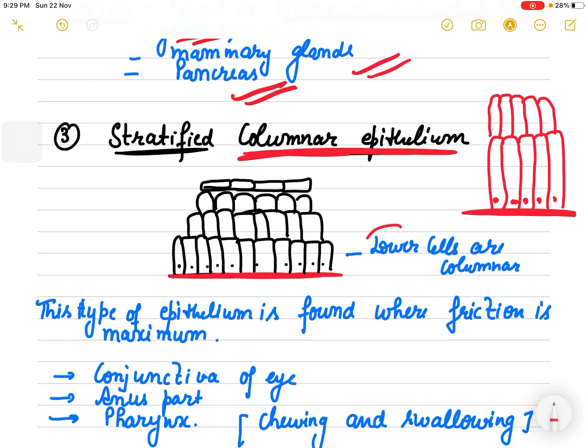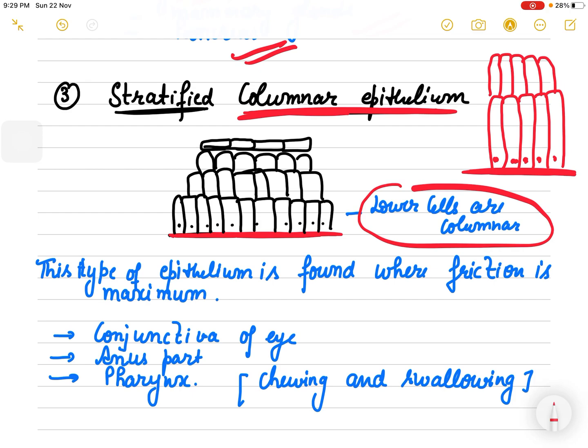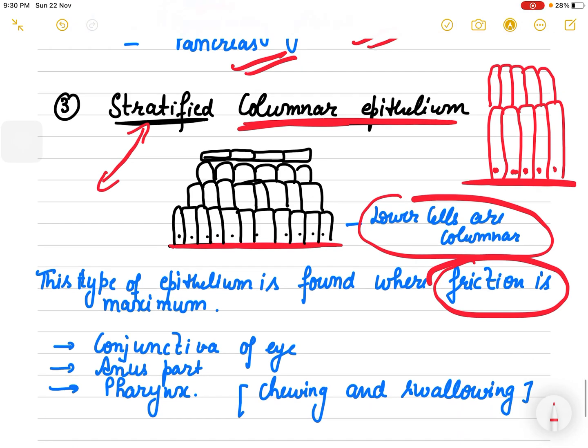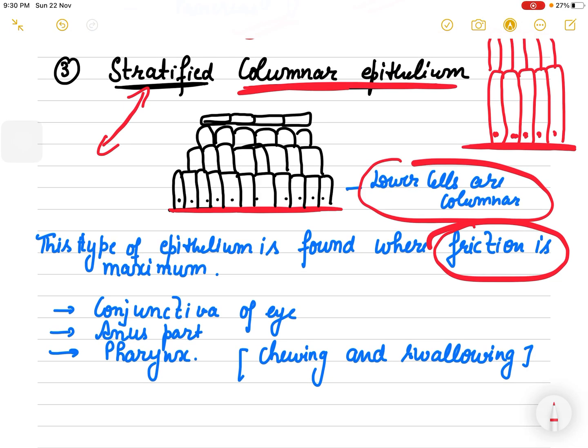Usually we make mistakes here in the example. You will find stratified columnar epithelium in those areas where friction is maximum: the anal part, the pharynx, where chewing, swallowing, lot of movement is there, and the conjunctiva of the eye.